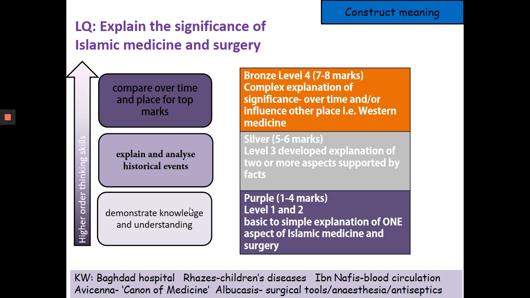Right at the bottom are the key words for today. The Baghdad Hospital, Razes, who wrote about children's diseases, Ibn Nafis, who wrote about blood circulation, Avicenna, who wrote the Canon of Medicine encyclopedia, Al-Bukhasis, who wrote about surgical tools, anesthesia, and antiseptics.